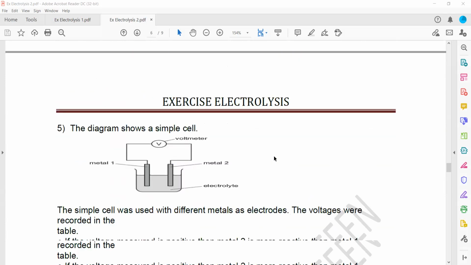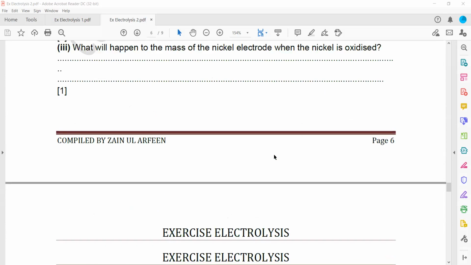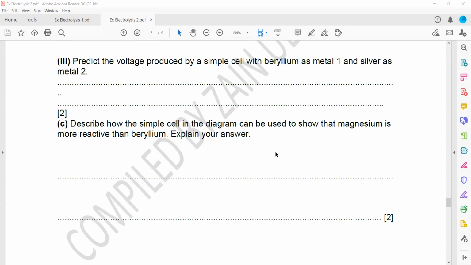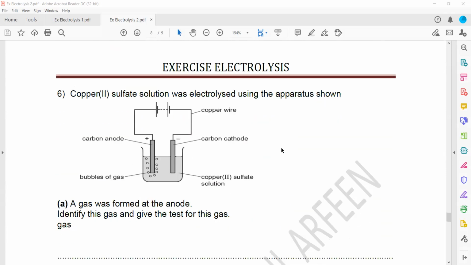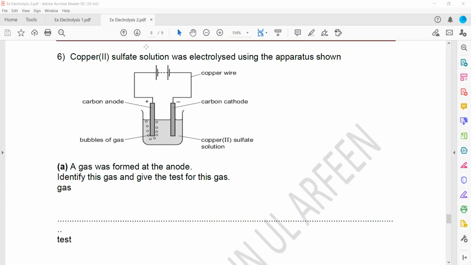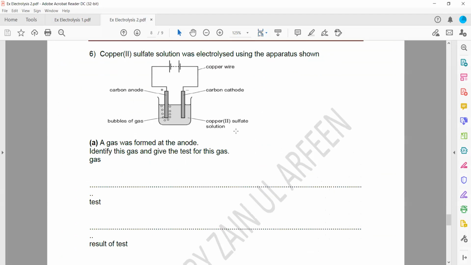This question is about the chemical cell. Copper(II) sulfate was electrolyzed using the apparatus. It contains copper ions, sulfate ions, hydrogen ions and hydroxide ions.